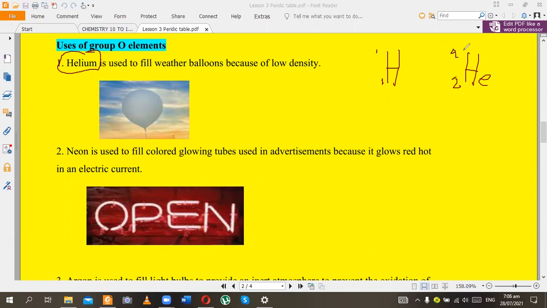In this 4 here, we have 2 protons and we also have 2 neutrons. These are the ones that contribute to the mass number of elements.